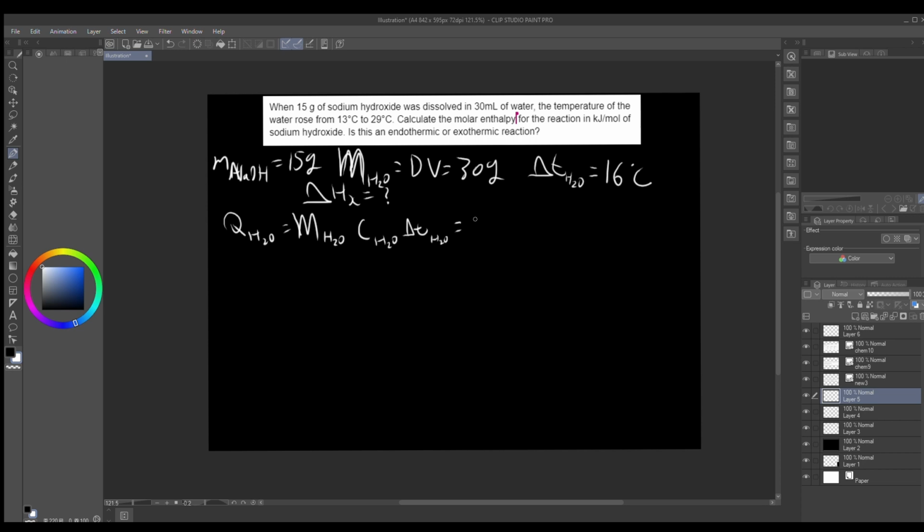Plugging in the values, we get 30 grams times 4.2 times 10 to the 3 joules per gram degree times 16 degrees Celsius.